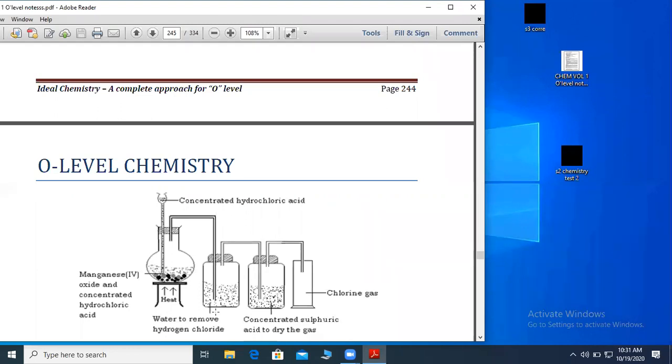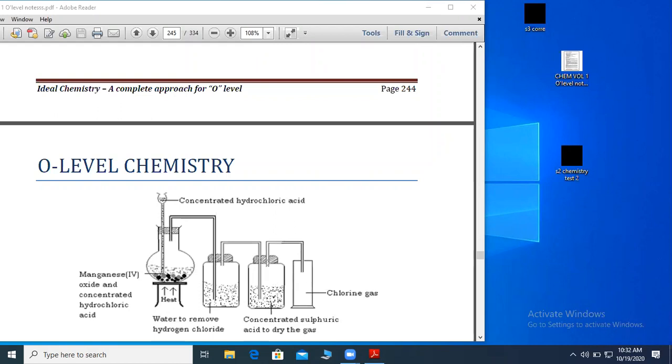After passing it through water, the next step should be drying. And chlorine gas is dried by concentrated sulfuric what? Acid.